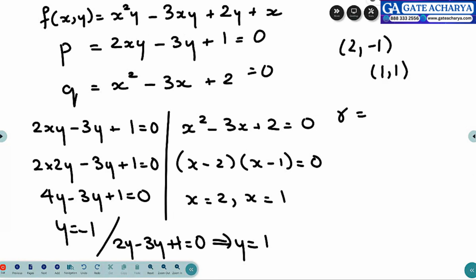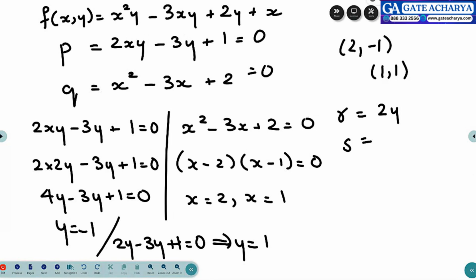So what is that going to be? 2y. S, my mistake, is actually dou square u by dou x dou y. You already have the p function. There are two ways of approaching this. You can take p and take the derivative with respect to y, or you can take q and take the derivative with respect to x. Either of them works.